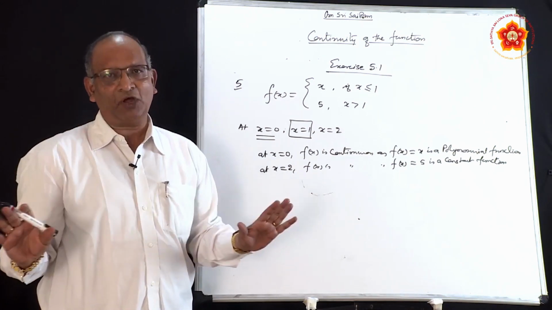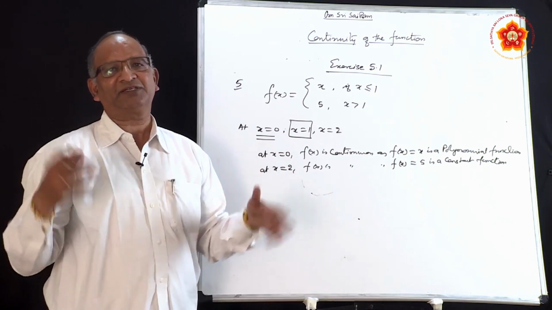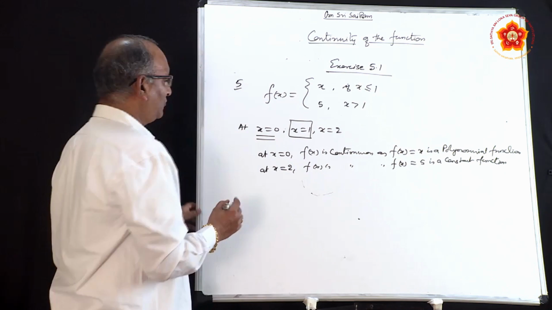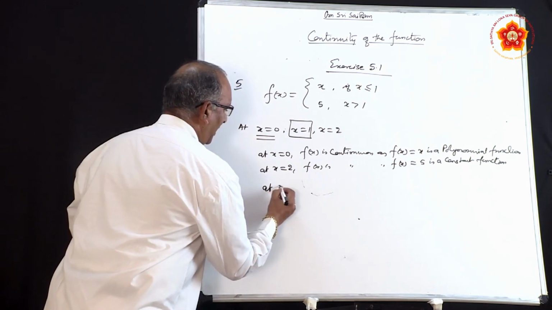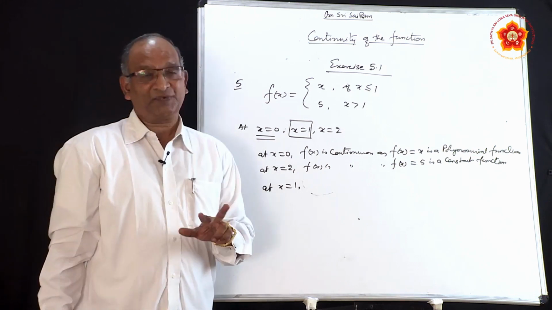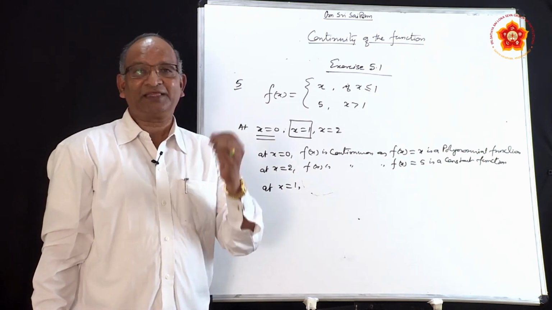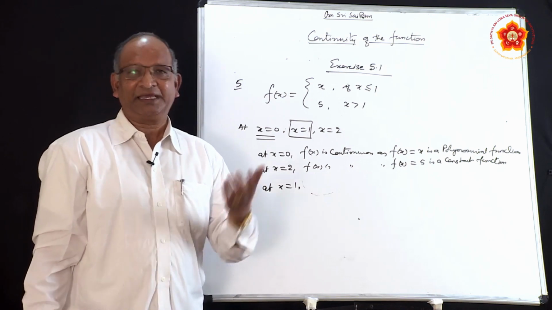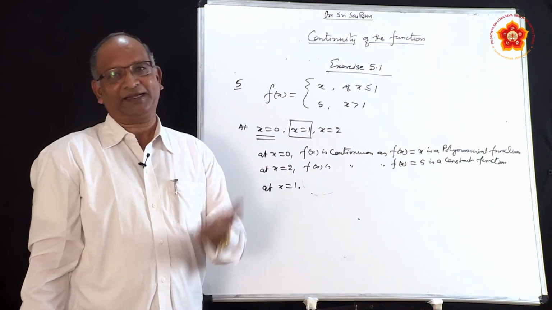If the interval is not changing, more or less the functions are going to be continuous. So let us check at x equal to 1. How do you check at x equal to 1? Two things we have to check. First, whether limit exists. How do you check whether limit exists? If the left hand limit is equal to right hand limit.